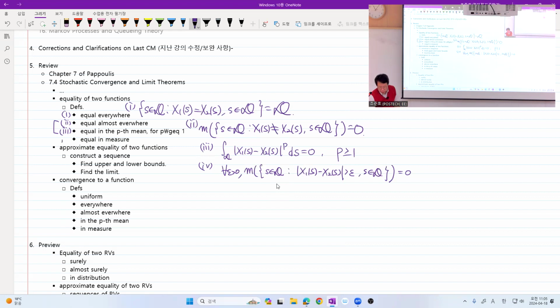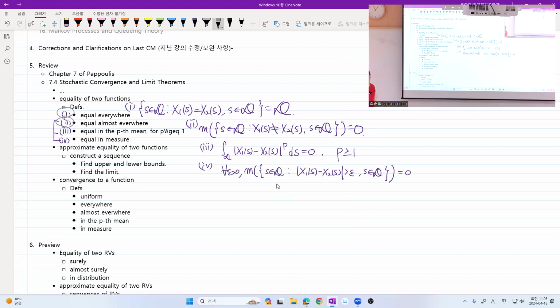However, again, in two functions equality, the first definition is also the same as the third one, which is the same as the second one. So in the function equality, we are just interested in two things: equal everywhere or equal almost everywhere.